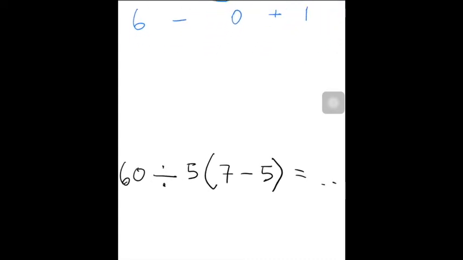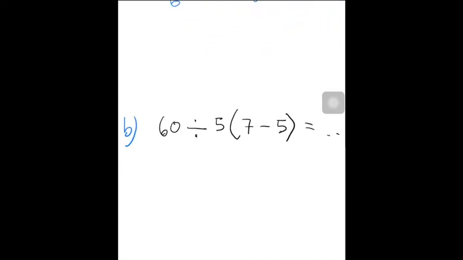Okay. Number B, 60 divided by 5, and then parentheses, 7 minus 5. You can check my solution, or all of these, at wolframalpha.com, and just plug in the whole equation.